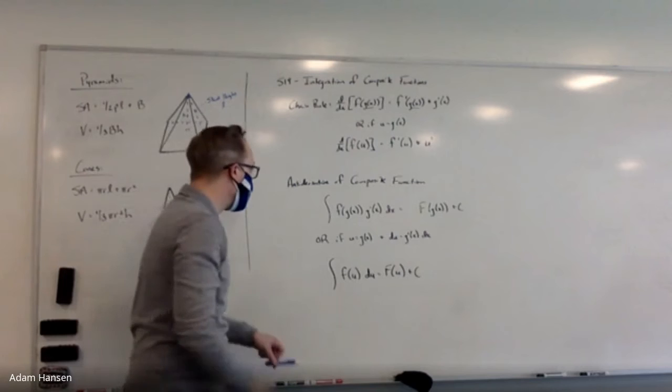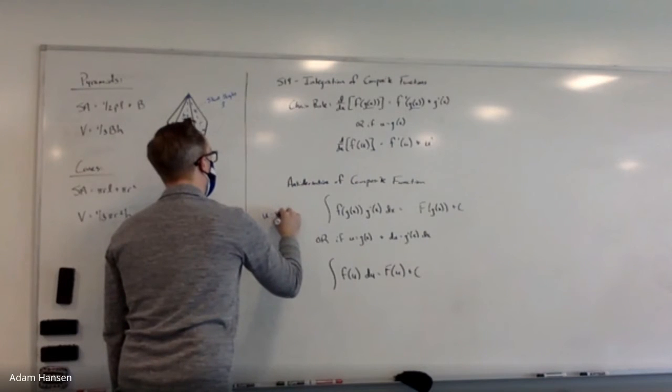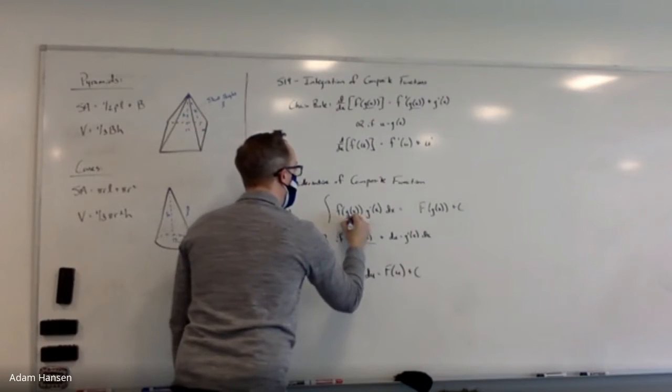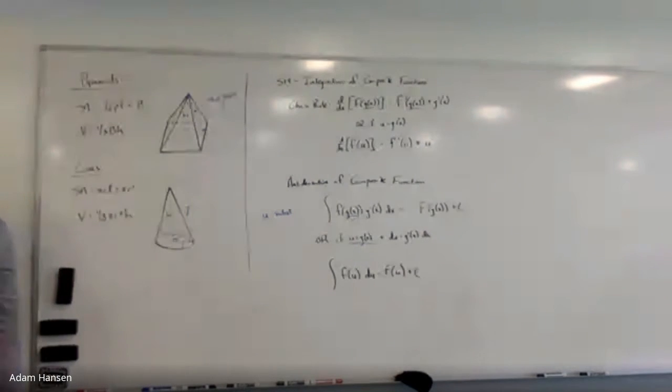So what we typically do is called u-substitution, where I let u be equal to g of x. I replace g of x with u to put this in a better, easily antidifferentiable form. I'm going to rewrite my composite using the u-substitution.